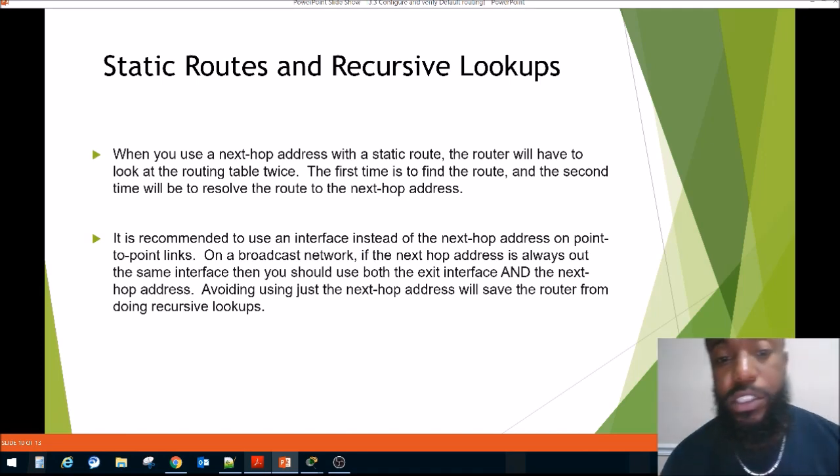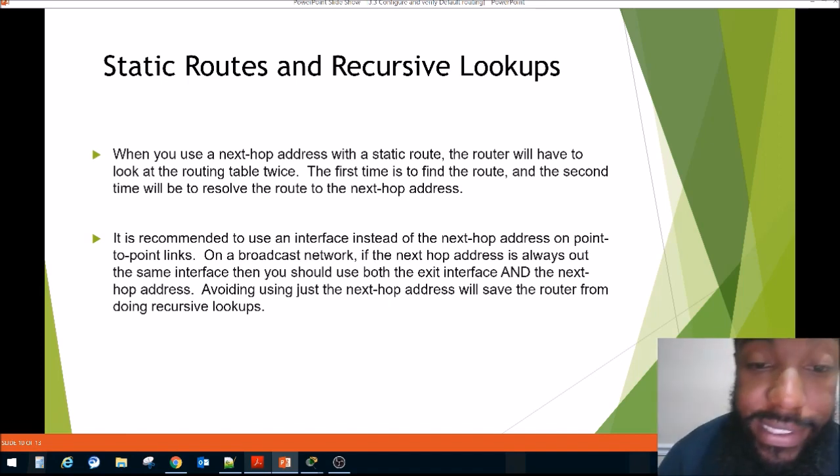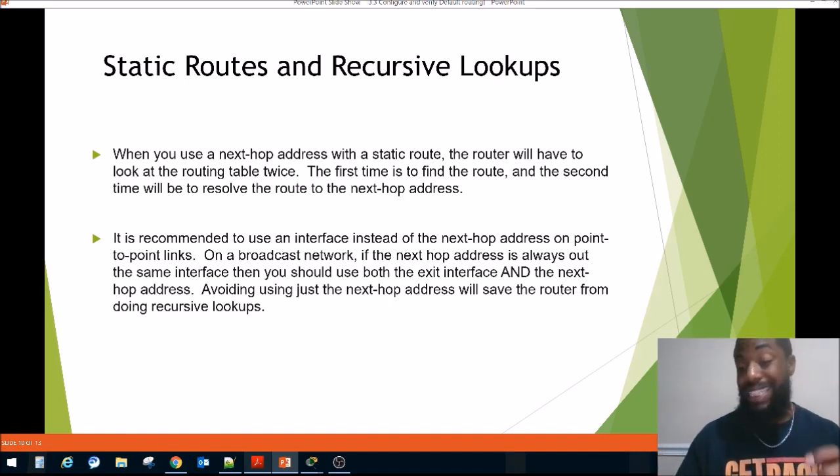It is recommended to use an interface instead of a next hop address on point-to-point links, right? So when you've got a point-to-point link and it's like a /30, that's normally a point-to-point subnet mask, you want to use the interface instead. Otherwise, it's going to have to look up the address twice.